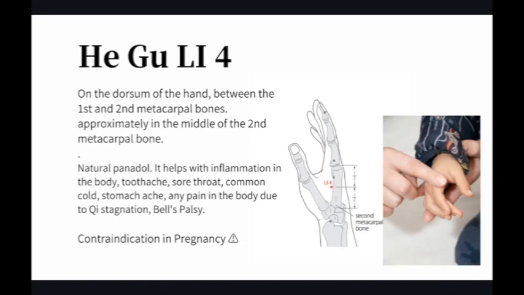Just one thing to know: in pregnant women, it is better to avoid pressing this point unless you know what you're doing. So better not to press this point when your family member or yourself is pregnant. We only use this point to induce labor in some cases. Also, you can see in the diagram, we can massage He-gu for pediatric patients.